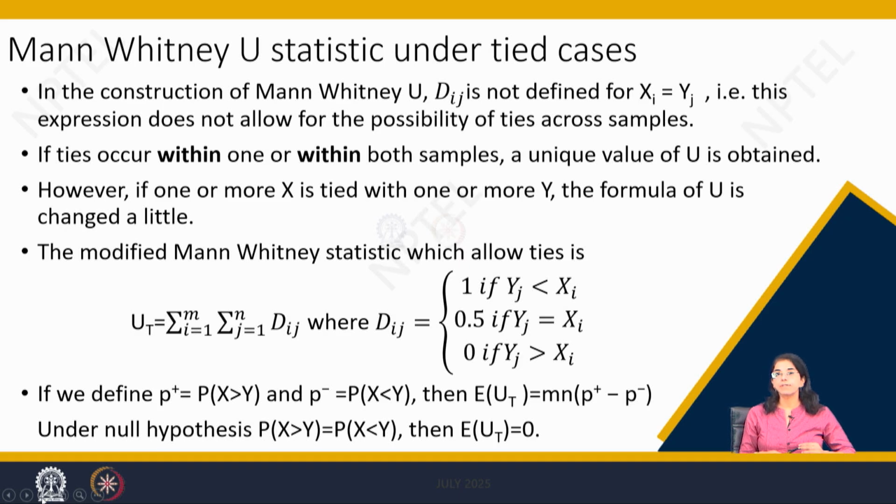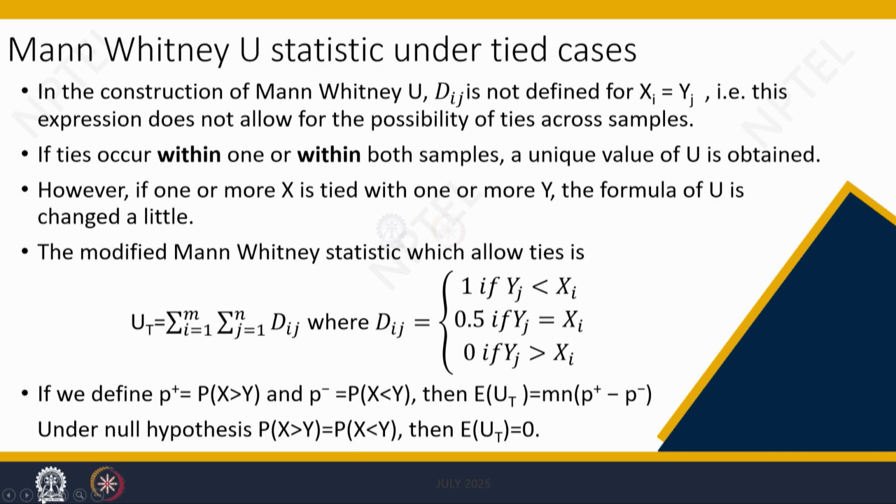So here we will modify the definition of Dij in case of equality. In the construction of Mann-Whitney U, Dij is not defined for Xi equal to Yj. This expression does not allow for the possibility of ties across the samples.